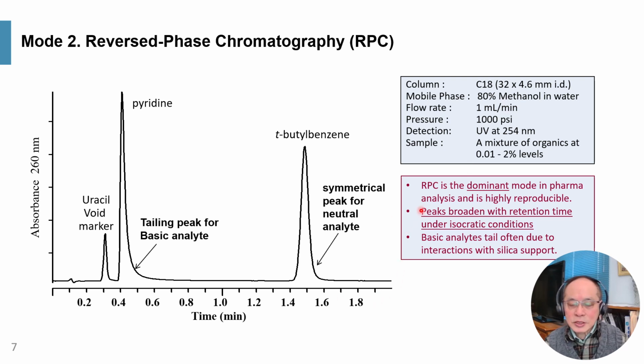Reverse phase is the dominant mode in pharmaceutical analysis and is highly reproducible. Very important to know that peaks do broaden with retention time under isocratic conditions. This is called column band broadening, which is fundamental in chromatography. Basic analytes often tail due to interaction with silica support.